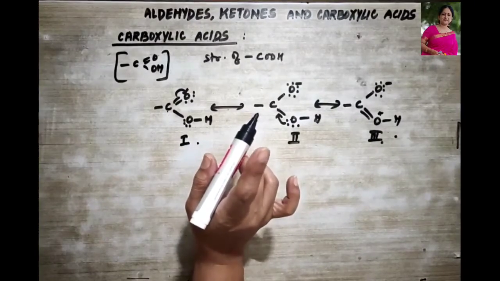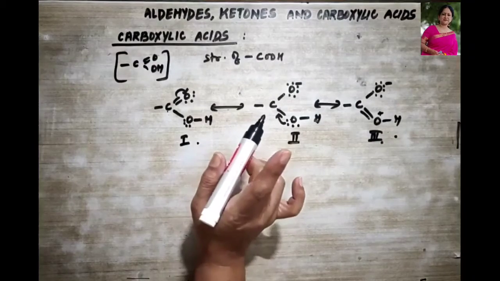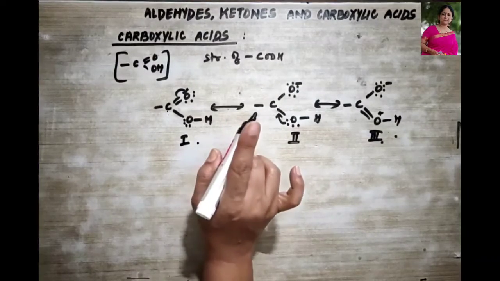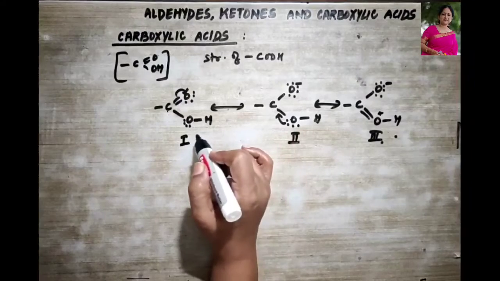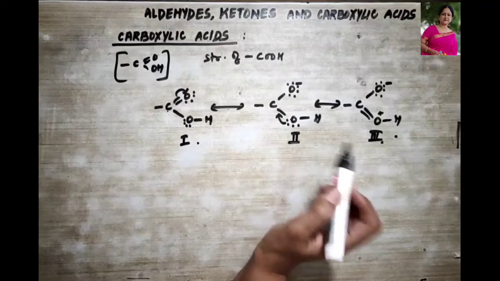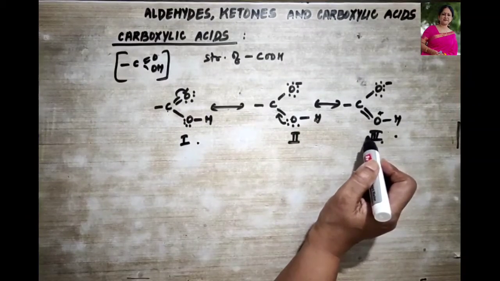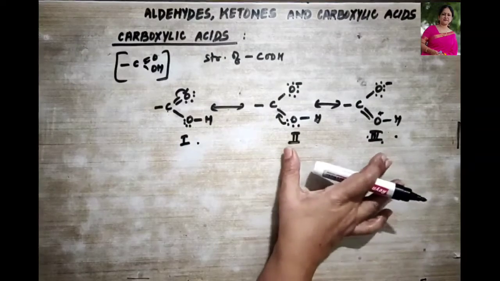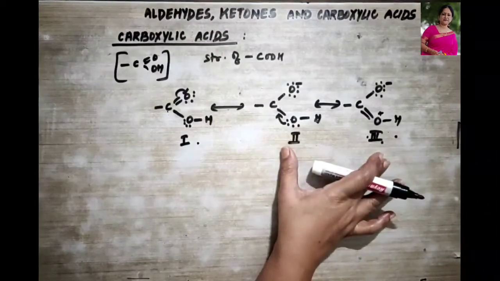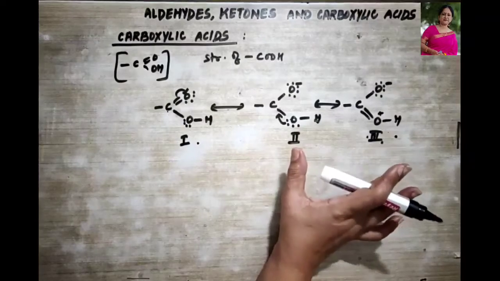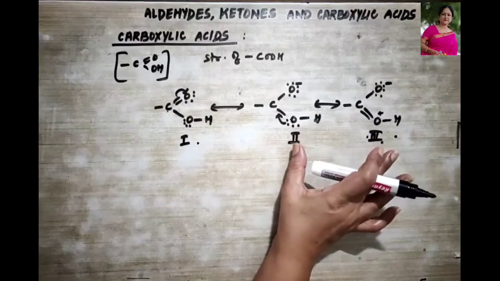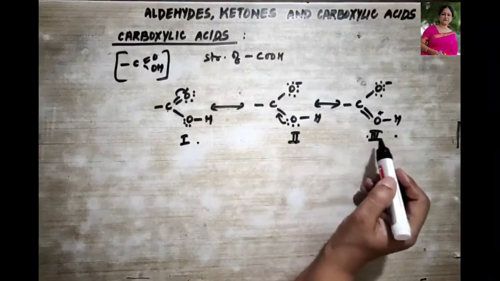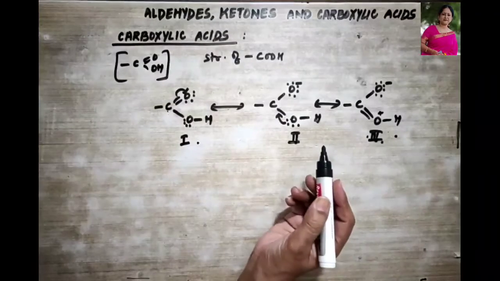But the carboxyl group is also polar. Why? Due to the resonance structures that you see in the second part and in the third part. Clear? The carboxyl group is also polar due to the resonance structures in the second part and in the third part.